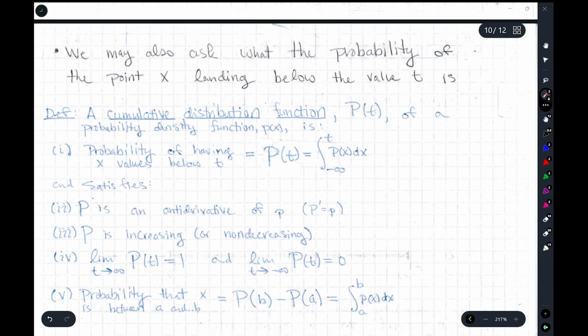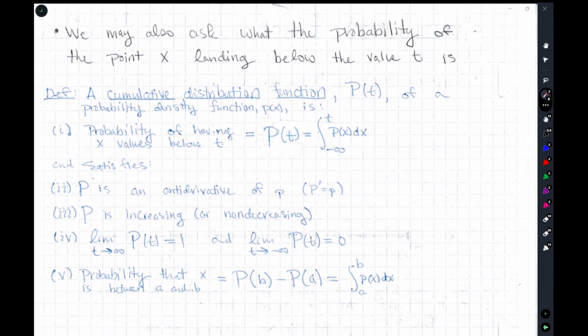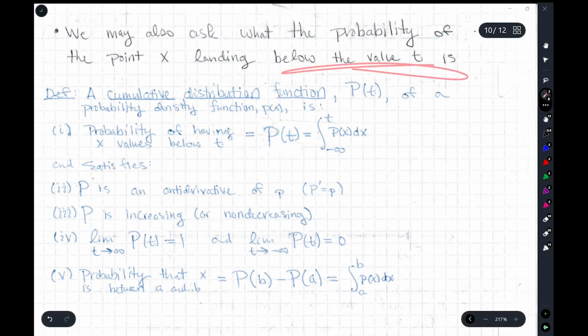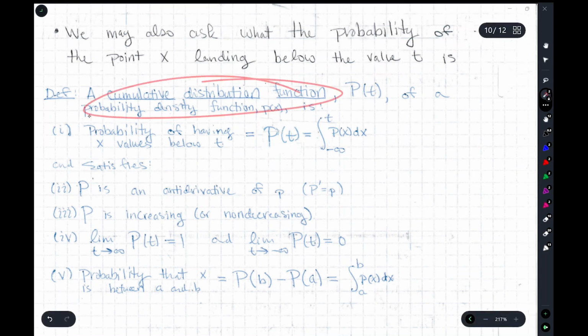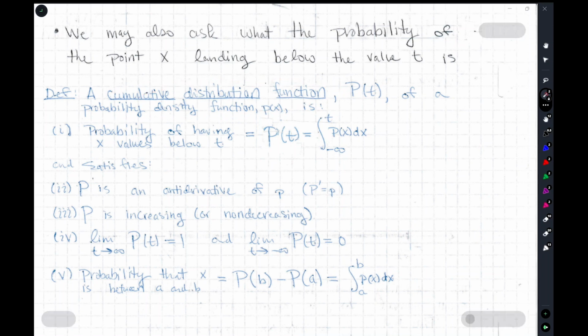And also, we could ask the question of what's the probability that the point x is landing below a certain value t, some arbitrary value t, and here we get what's called the cumulative distribution function rather than the probability distribution function. For the cumulative, we integrate from minus infinity to t.